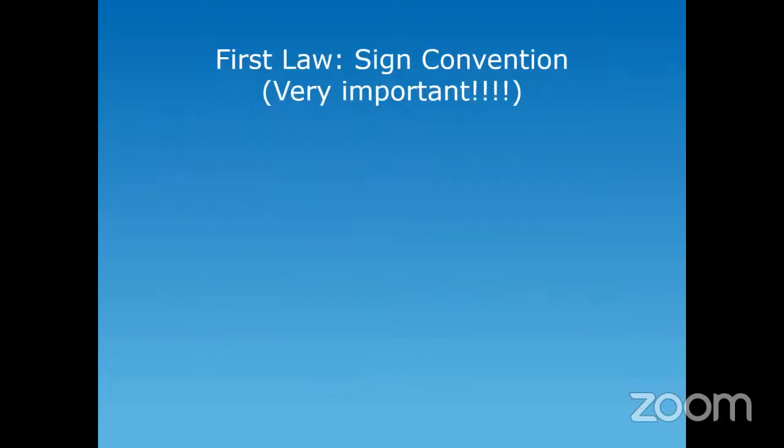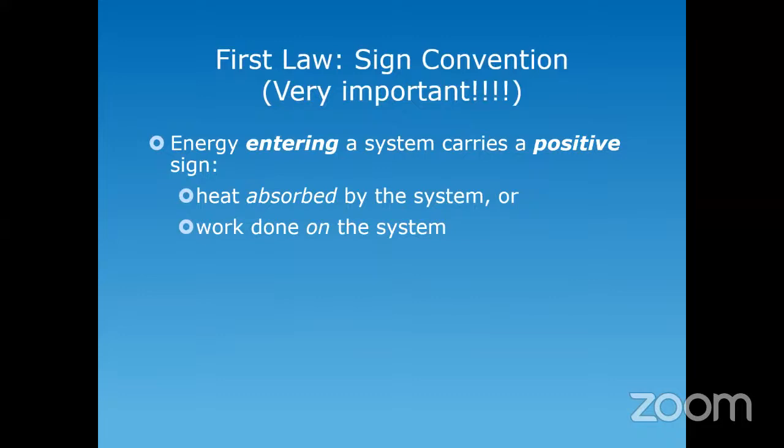Exactly. So in the next slide, you need to remember how to interpret questions with respect to the signs of these quantities. So just to make sure that you understand how the signs relate to what's happening here, if energy is entering a system, right, then basically the energy change for the system is positive, right?